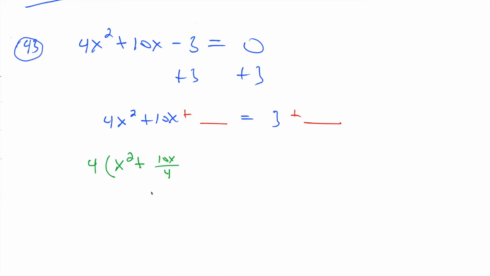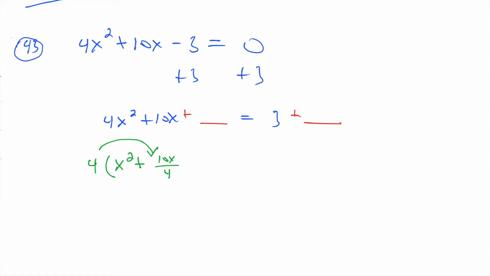Just leave it like 10x over 4. That's an easy way of knowing how to factor out things that are weird like that, because when you go back to distribute, you're going to end up with 4 times 10x over 4, and those wipe out, and you're back to your 10x. Does that make sense? All right, so pull that out.